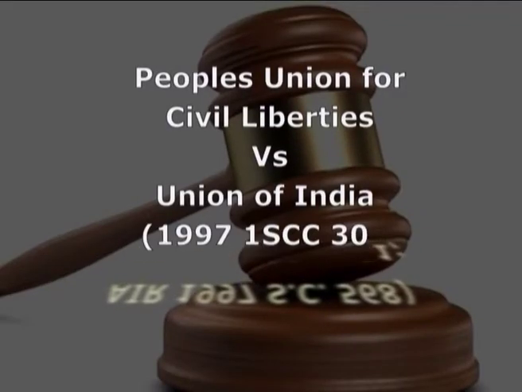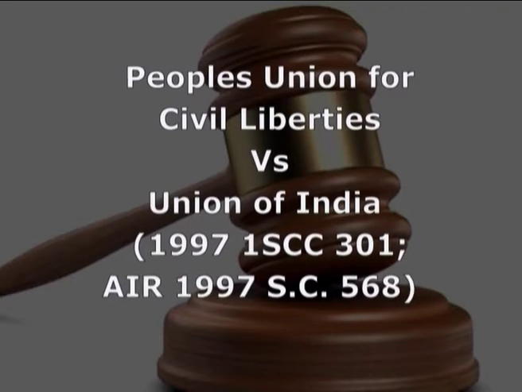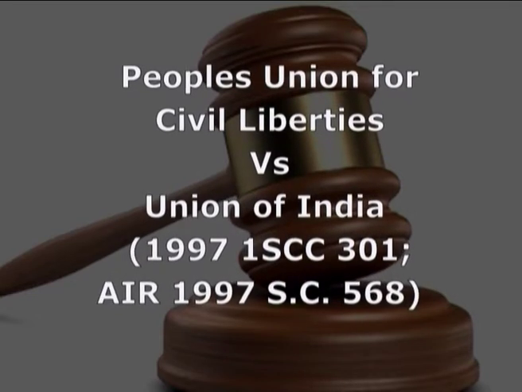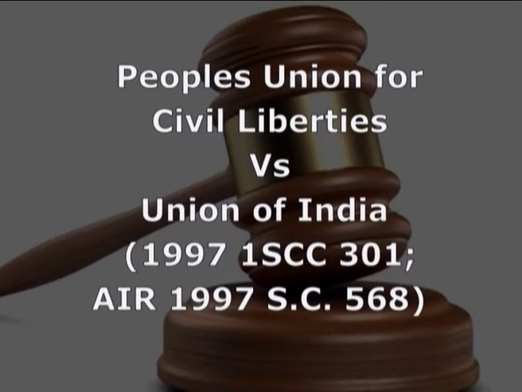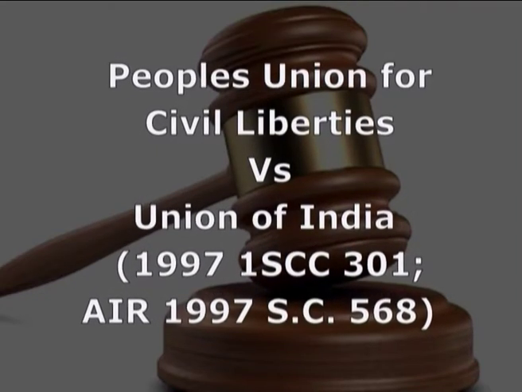Further, the Supreme Court in People's Union for Civil Liberties versus Union of India, 1997 1 SCC 301, also found in AIR 1997 Supreme Court 568, unambiguously held that right to privacy was a right to life and personal liberty enshrined under Article 21 of the Constitution.